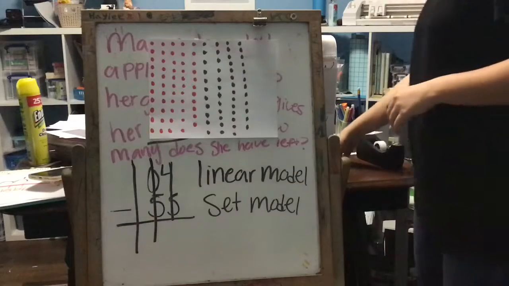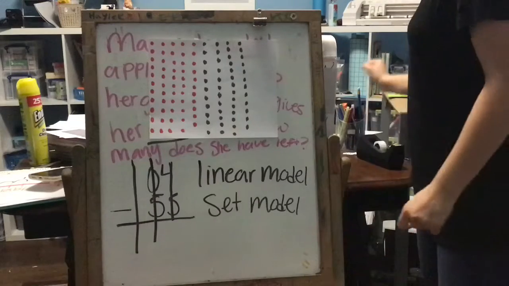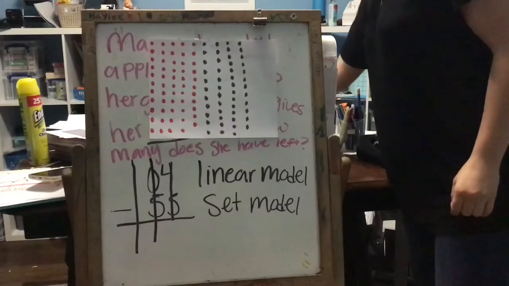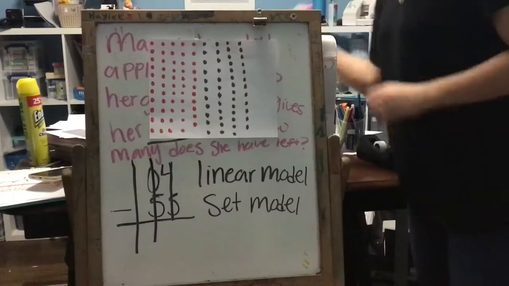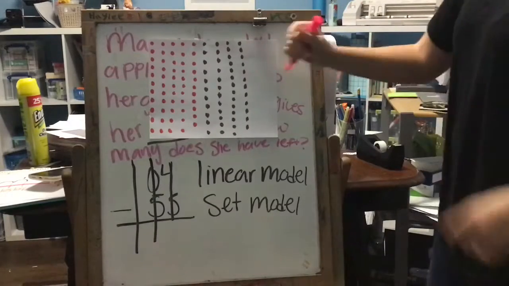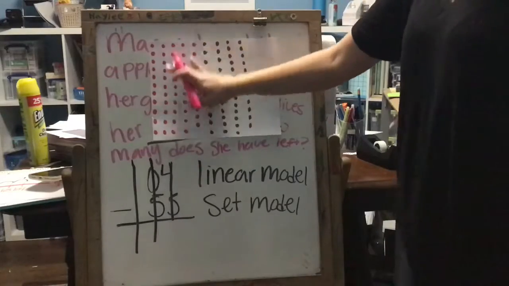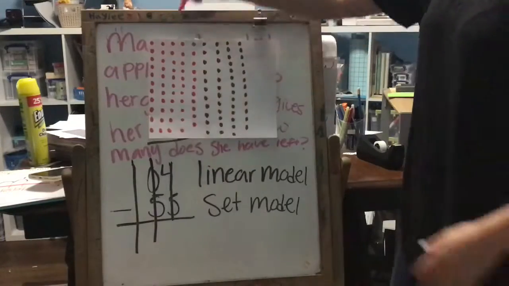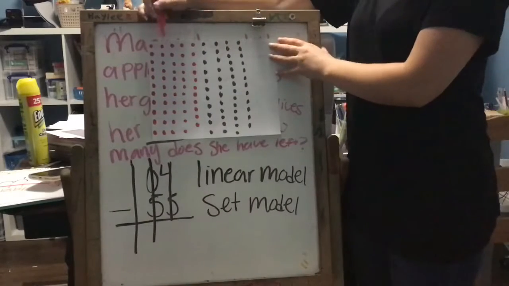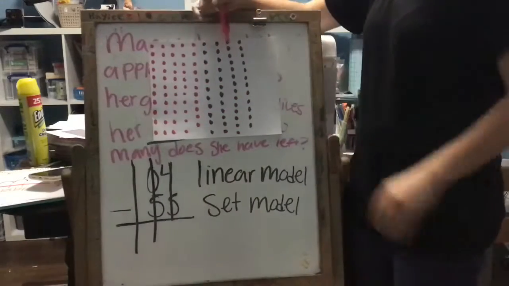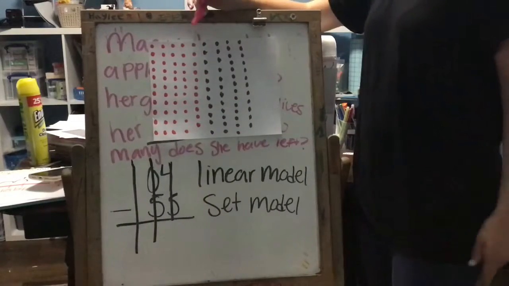So in my drawing, in order to subtract 55 from 104, I need to count and figure out how many represents 55. So I need to circle the 55, cross out the 55 so I can show what I have left.